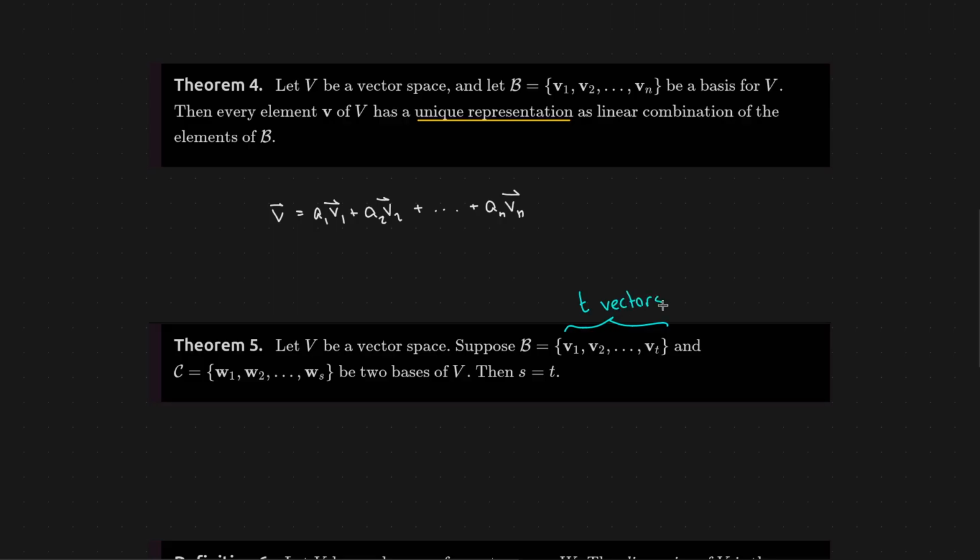And C is a basis for V also, with vectors w1, w2 all the way to ws. So there are s vectors in this set. The theorem says that the number of vectors in the two different bases must be the same. S must equal t.